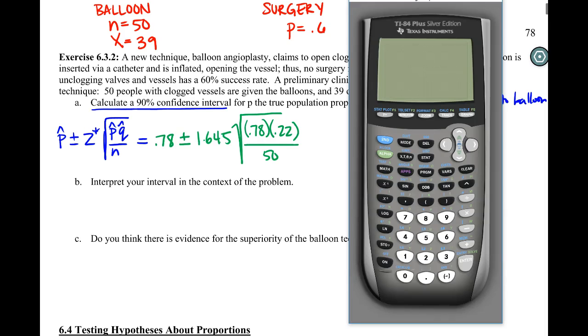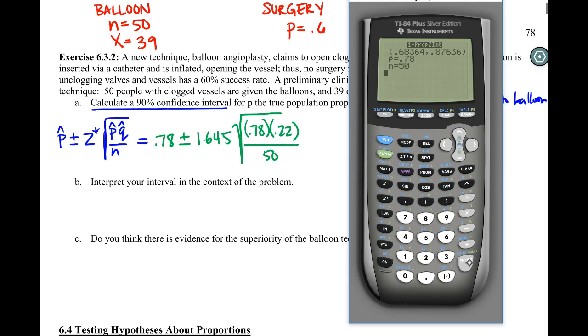If you have the calculator, you're just going in and doing your 1-PropZInt, putting in that you have 39 successes out of 50, and our confidence level is 90%.